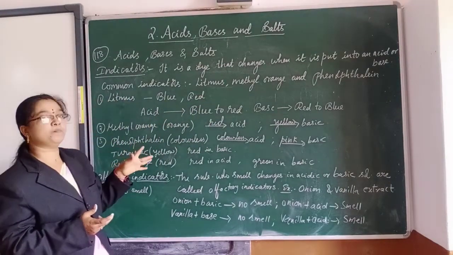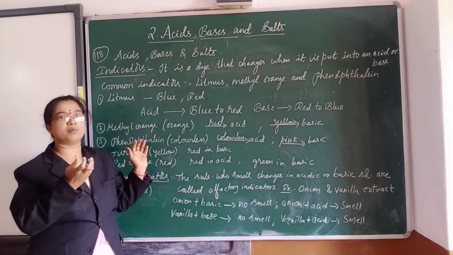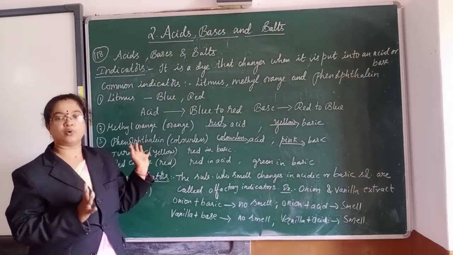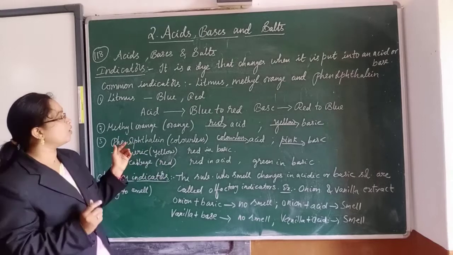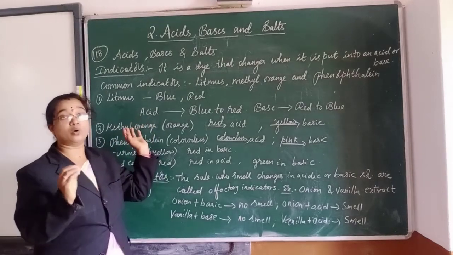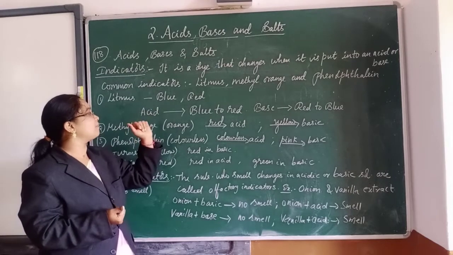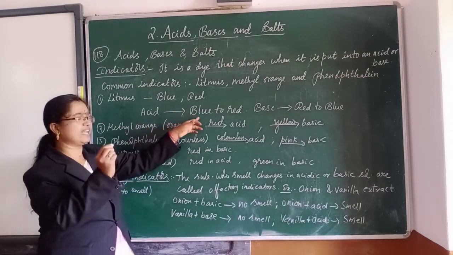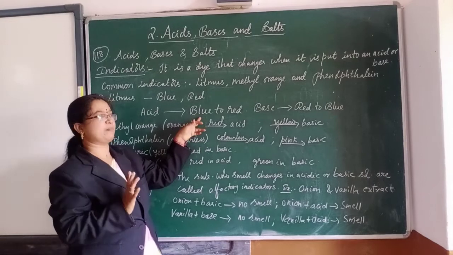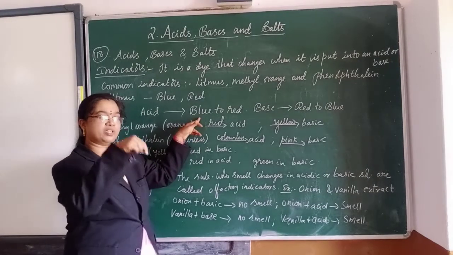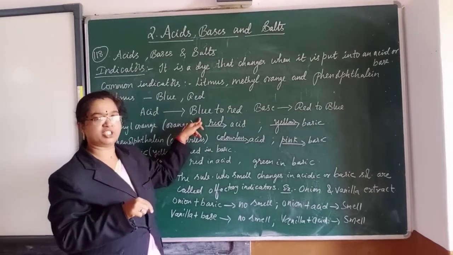For example, I have taken one solution and I don't know whether it is an acid or a base. I take a blue litmus paper and put it into the solution.